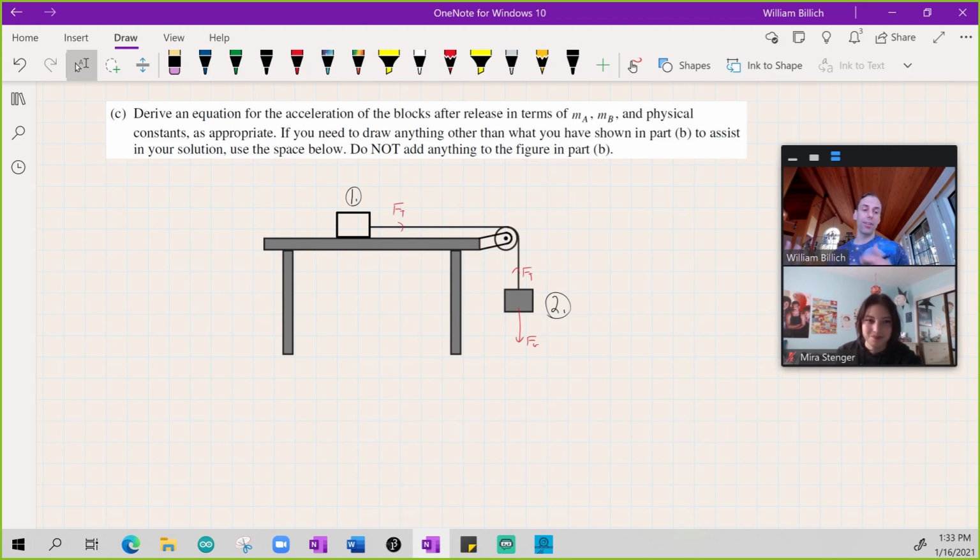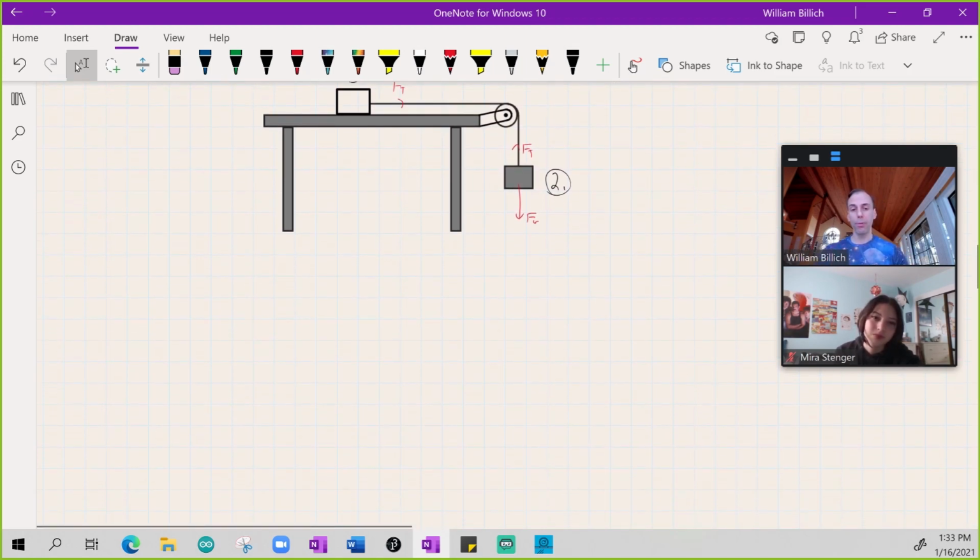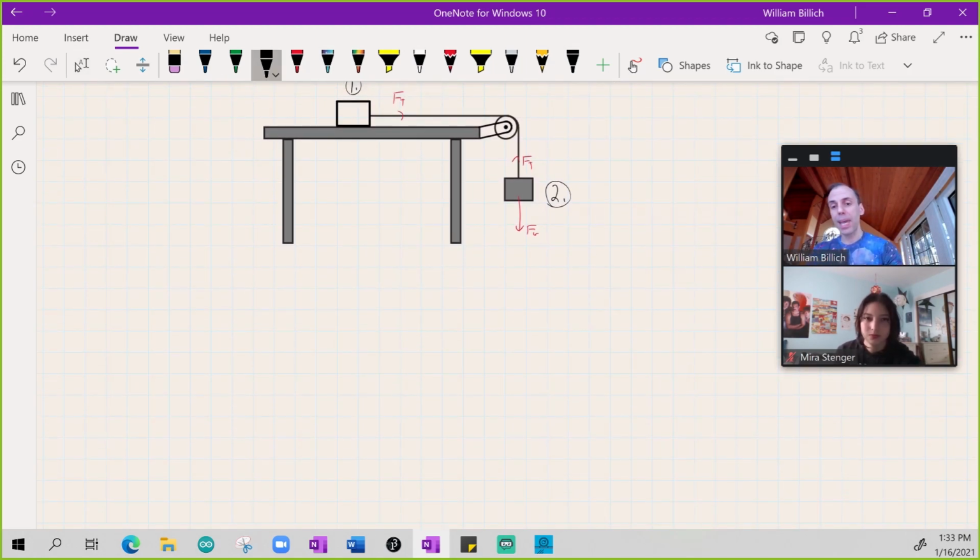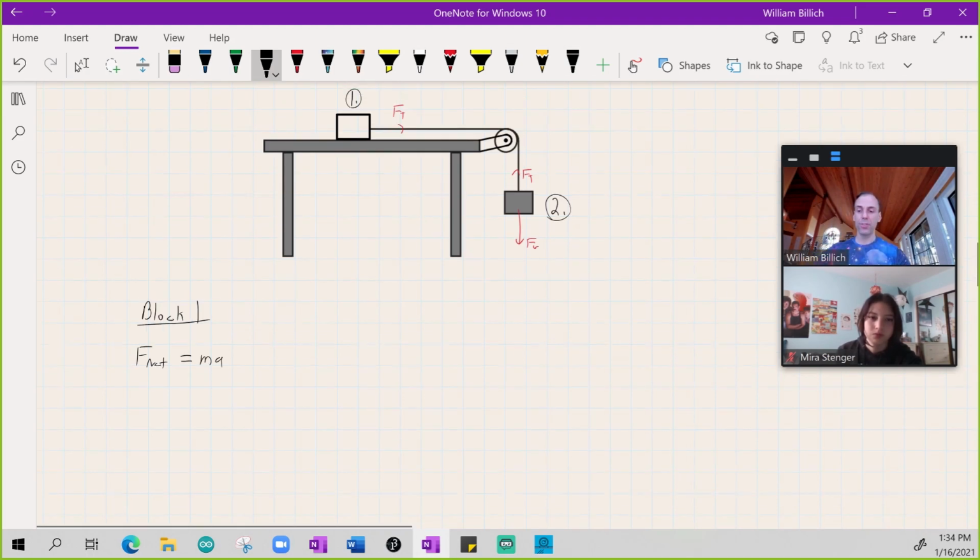So understand the derivation. And here are some simple things you should follow. Make a separate equation for each system. So let's talk about block 1. Now remember, when you're doing Atwood's machine, you're doing this in terms of forces. You're using Newton's second law. F net equals ma, right? The net force on the system.